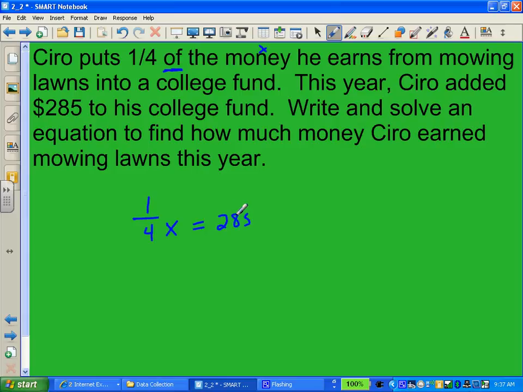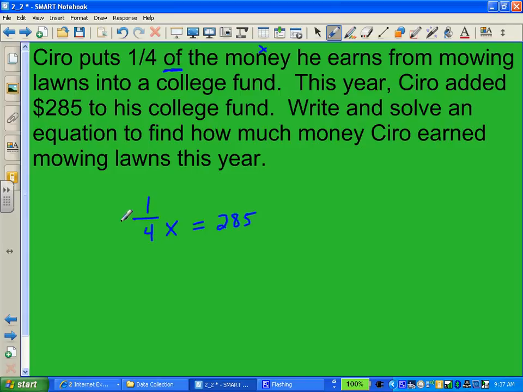He put $285 in his college fund. So 1/4 of the money he earned this year is going to equal $285. So there's our equation. Just like yesterday when we see a story problem, we want to write an equation and then solve it. So then I have 1/4 times X.